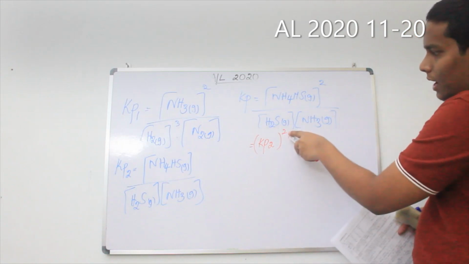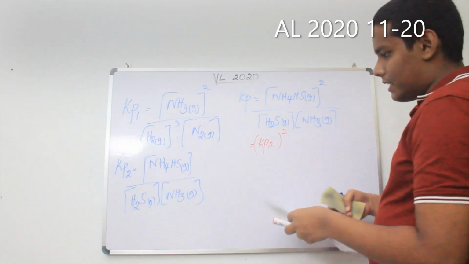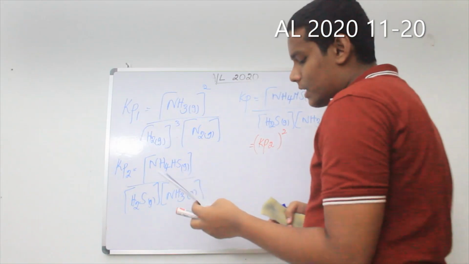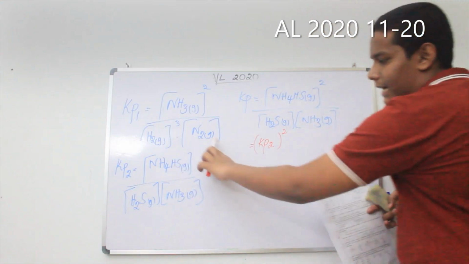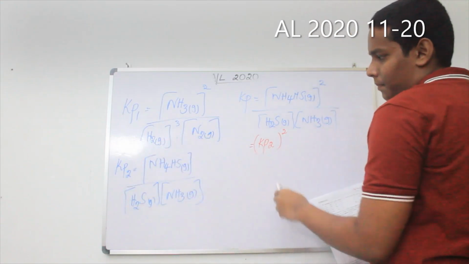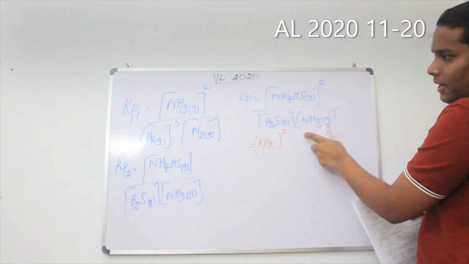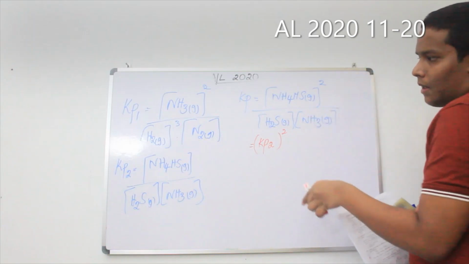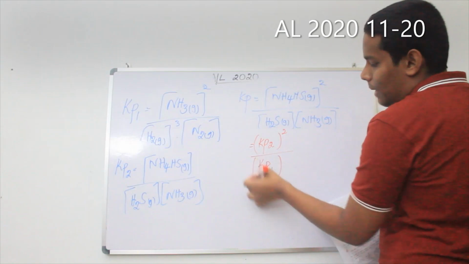So NH4HS squared divided by H2S squared into NH3 squared. This entire squared portion will come here. Plus, down, can you see I had to get NH3 down. So if I divide it by Kp1.